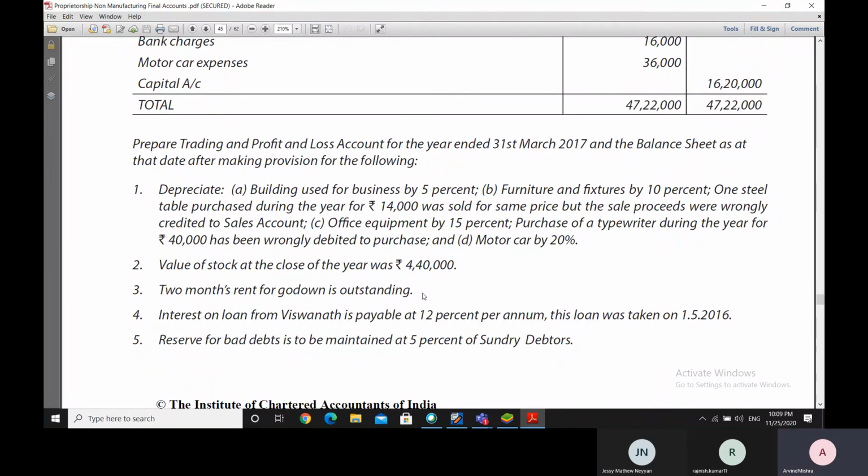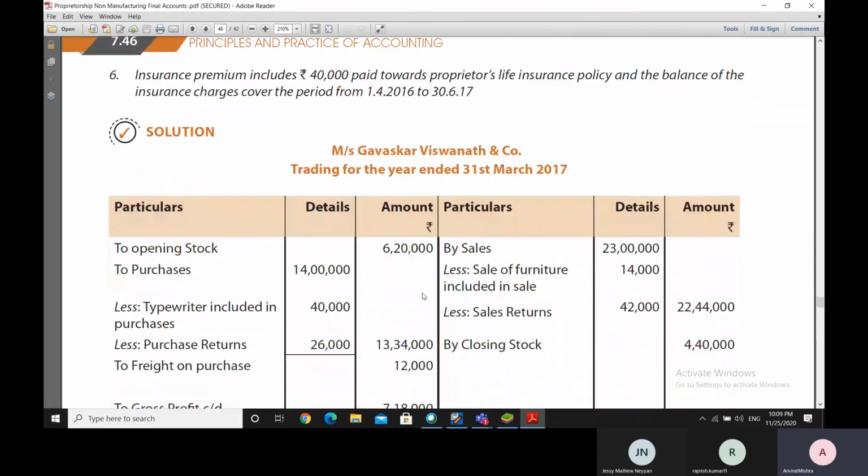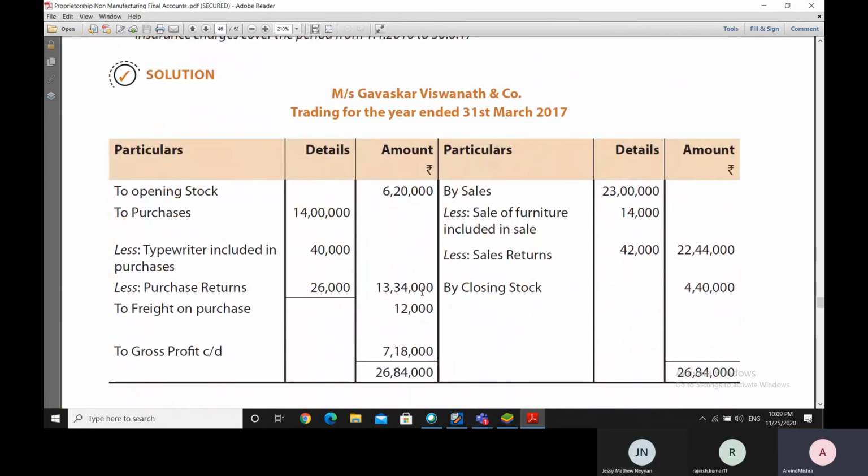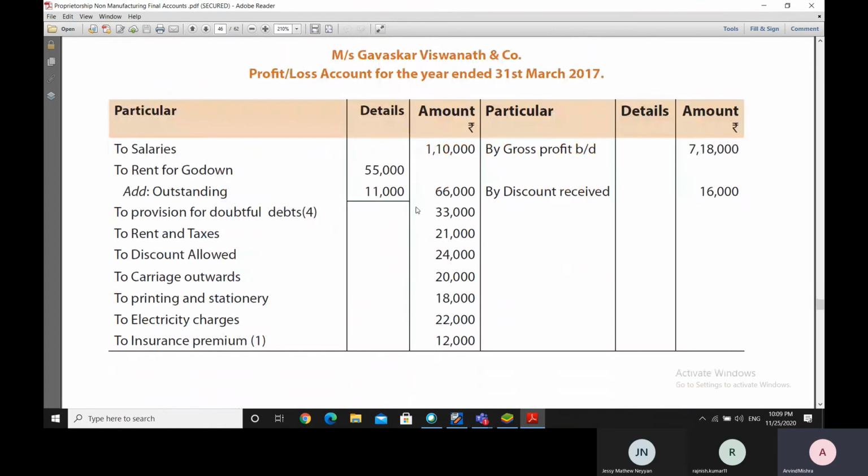So we have to calculate the 2 months rent for godown, and therefore that is what we calculated here, because 2 upon 12 is 1 upon 6. So total rent is 66,000. So 1 upon 6 is 11,000. Therefore, we have to total the rent up to 66,000. So that is how we are treating the rent at 66,000.